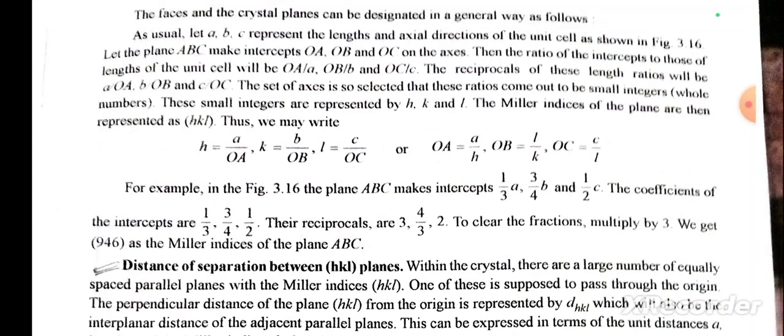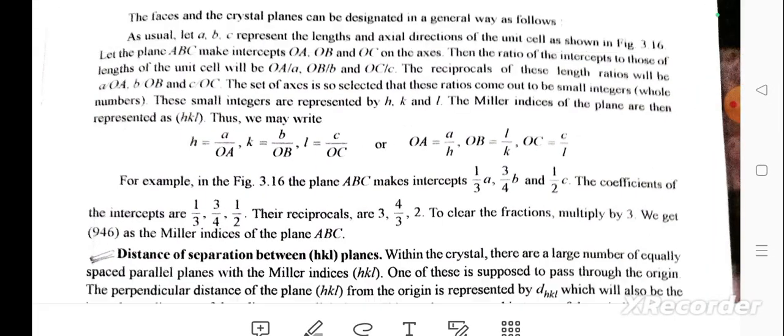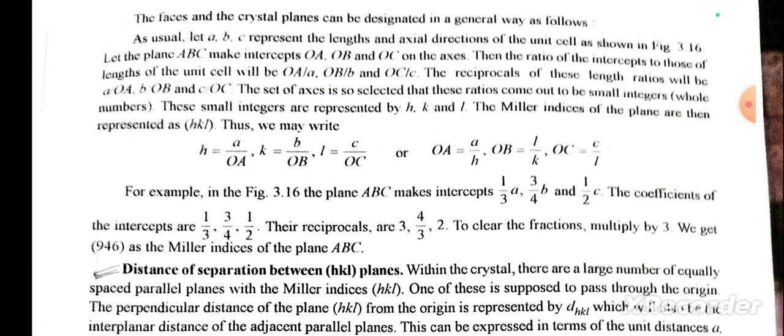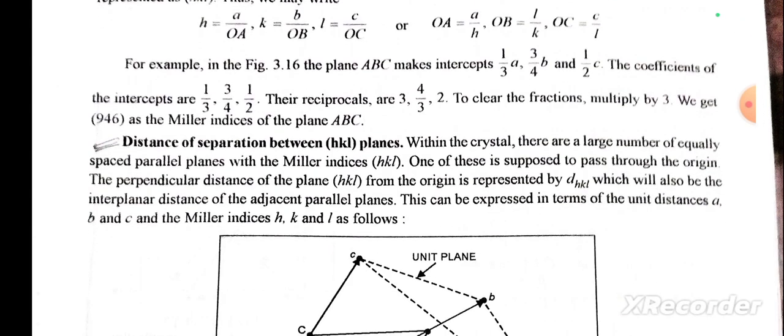For example, the plane ABC intercepts 1 by 3 a, 3 by 4 b, 1 by 2 c, so the coefficients in unit cell lengths are 1 by 3, 3 by 4, 1 by 2. The reciprocals are 3, 4 by 3, 2. To clear the fraction, multiplying by 3, we get (946) as the Miller indices of the plane ABC.